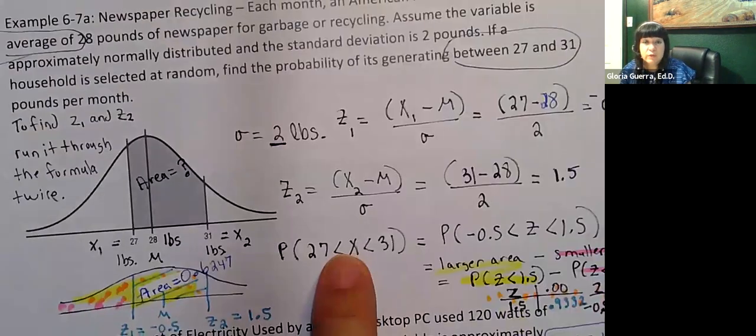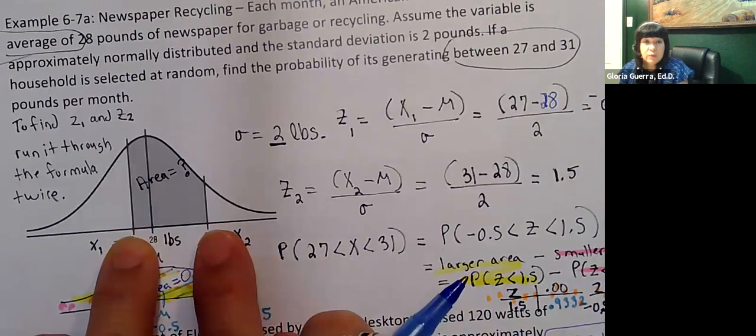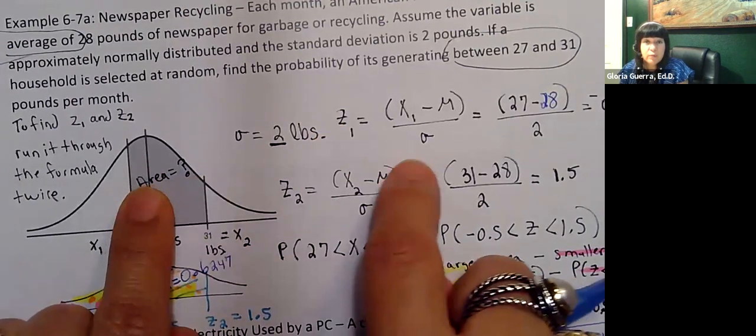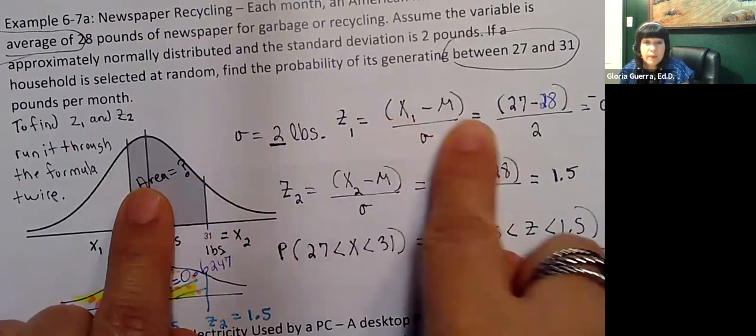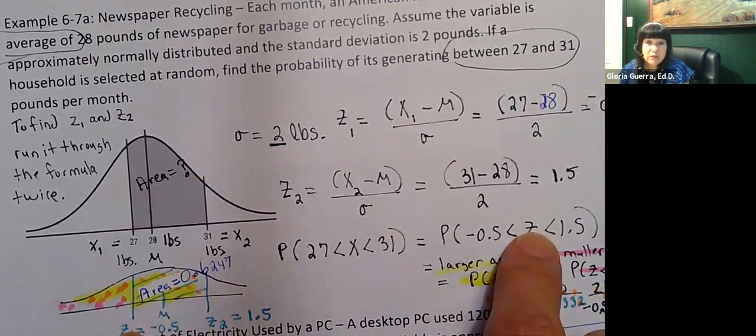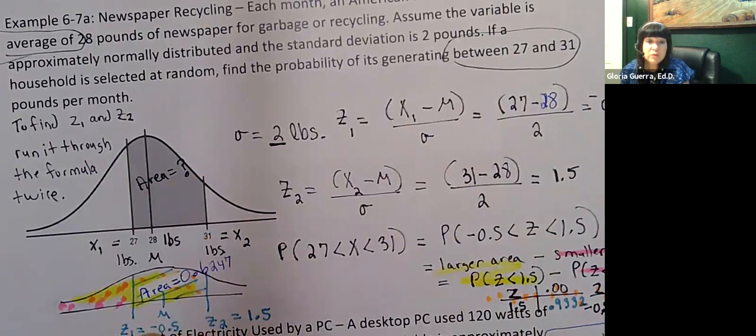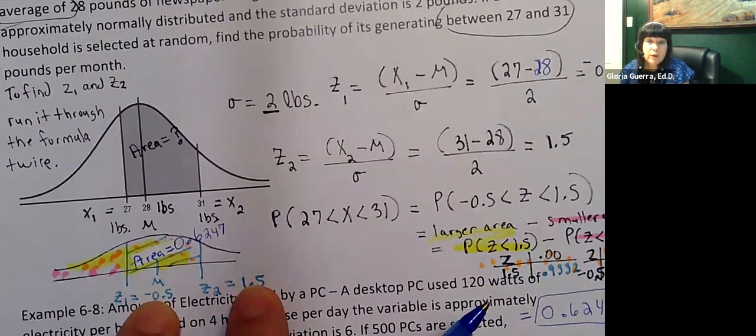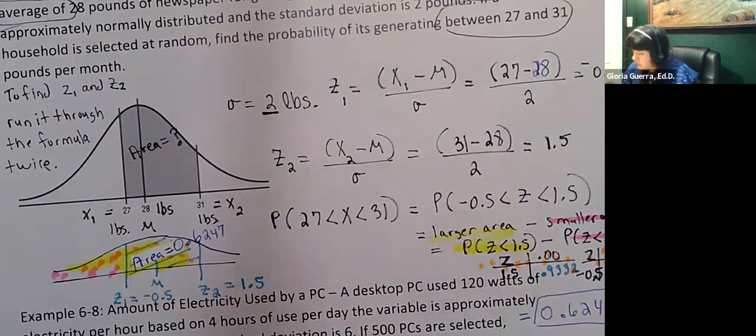This starts off with x's trapped between 27 and 31. You ran it through the z formula, and now it's a z, trapped between these two, negative 0.5 and 1.5. Okay, I'll write that down.